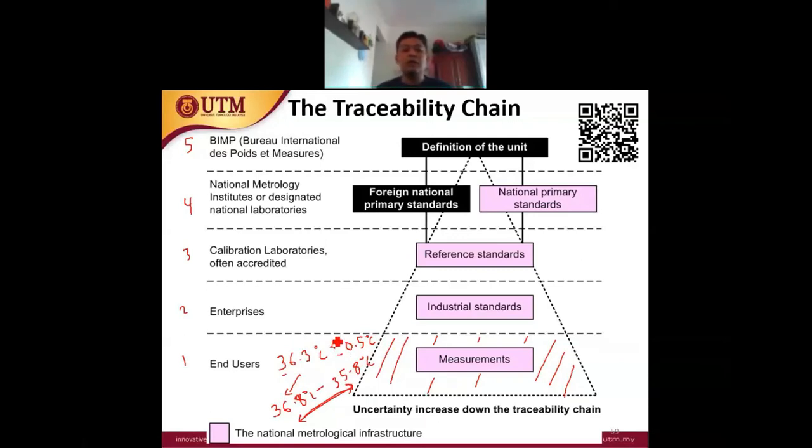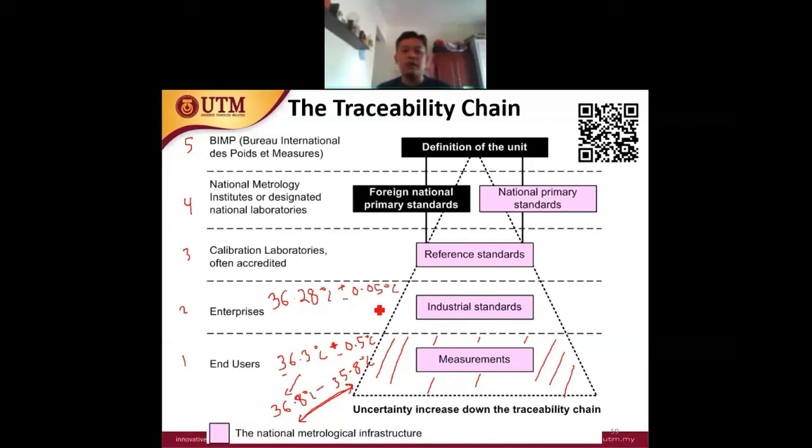In the enterprise, they have their industrial standard and their own equipment for body measurement, for example. Of course the uncertainty is lower as compared to the end user. So if the same device is used to measure, the result will be 36.28 degrees Celsius, plus minus 0.05, for example.